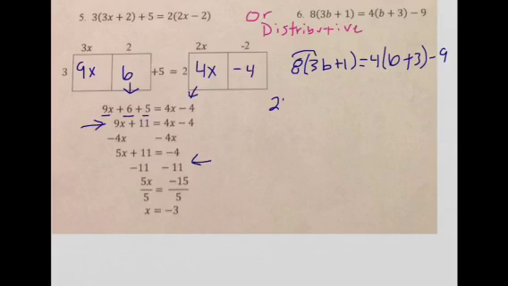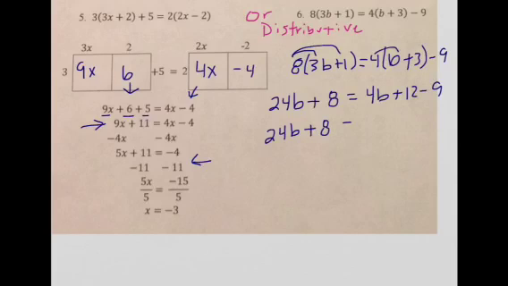This is going to be 24b plus 8 is equal to 4b plus 12 minus 9. So there's nothing to combine on the left side, so it's going to be 24b plus 8. But on the right side, I can go ahead and combine the 12 and the negative 9.